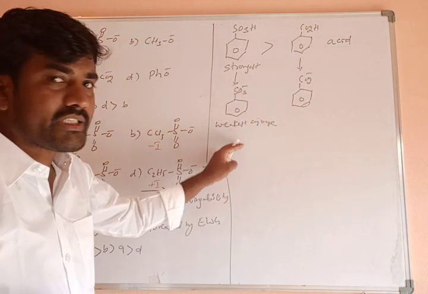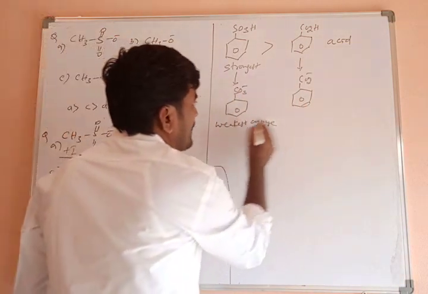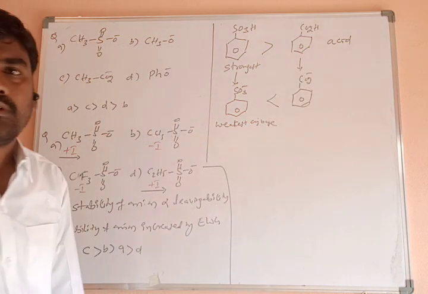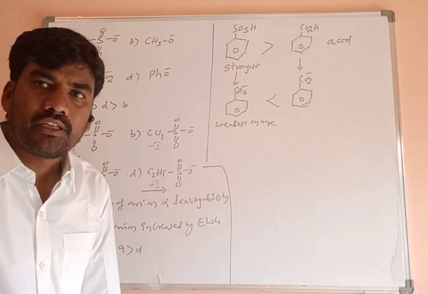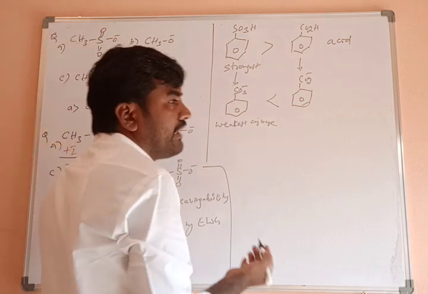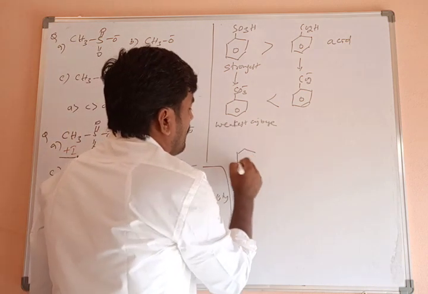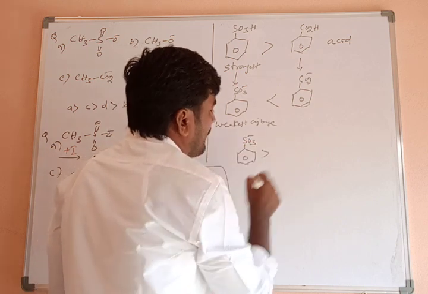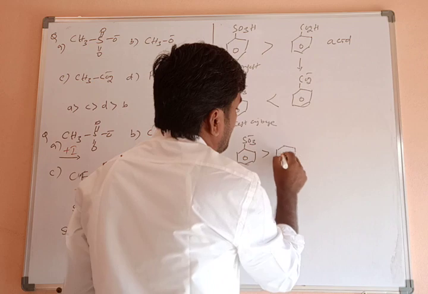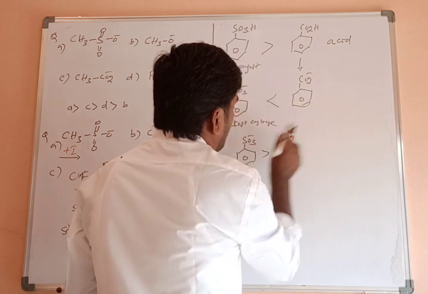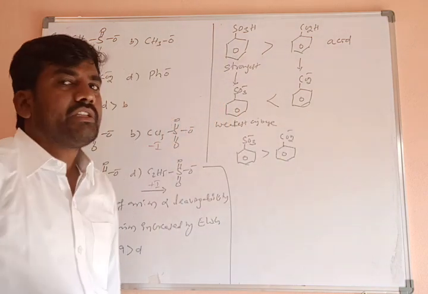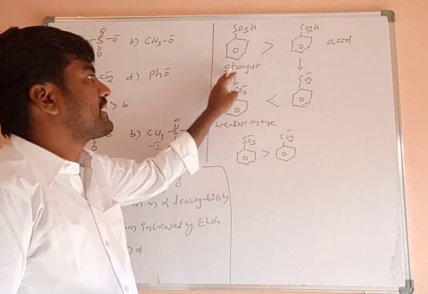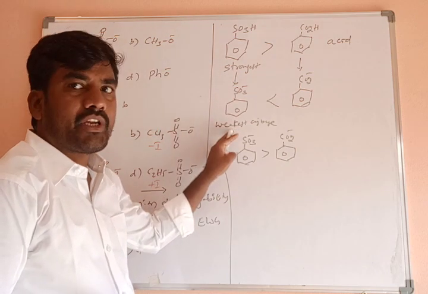What about basic strength? This is the weakest base. It is weaker than the benzoate anion. Clear? Now, leaving ability. SO3 negative is greater than CO2 negative, because the benzene sulfonate anion is generated from the strongest acid, so it is the weakest conjugate base.